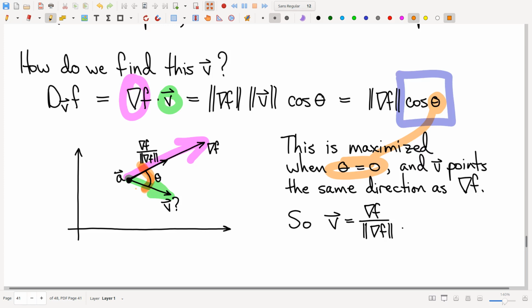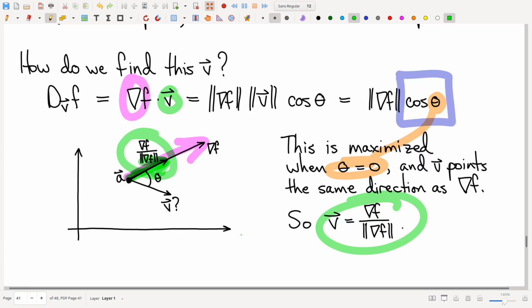That's easy to do. I can accomplish that just by choosing that unit vector that points in the same direction as the gradient. In other words, the gradient divided by its own magnitude. What do you think? Everybody buy it?